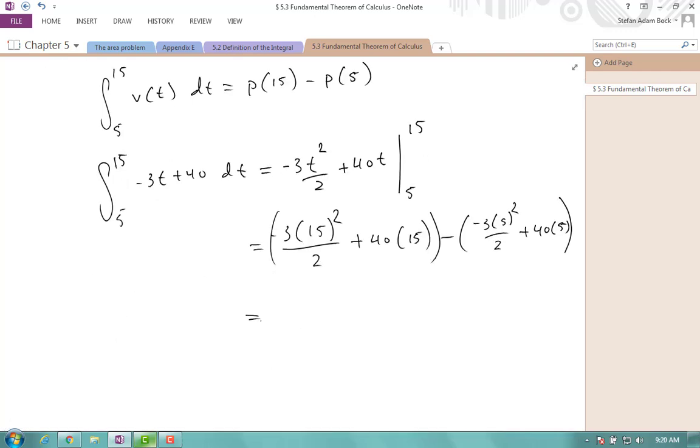So what does this number look like? 15 squared is 225.